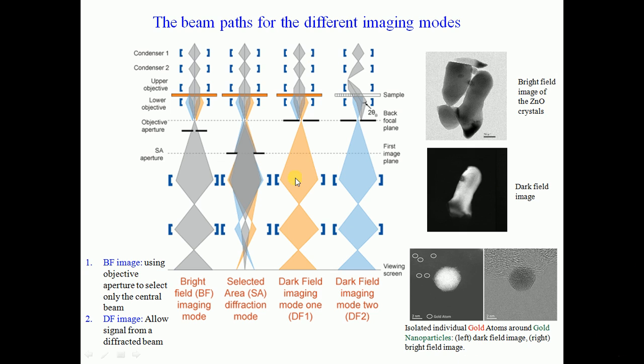So, depending on where your objective aperture is, whether in the back focal plane or in the first image plane, the bright field image, SAD pattern, or dark field image is formed. This is a transmission electron micrograph of a ZnO crystal, and it is the bright field. What you see is that the field is bright and the image is dark.